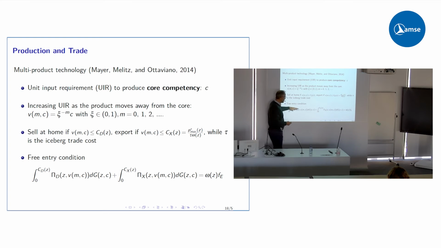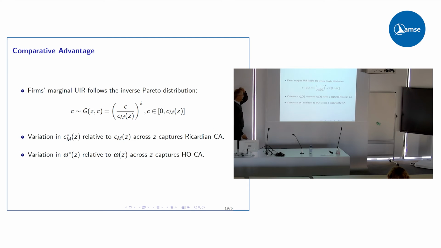And so given that you have one of these expressions for the domestic country and one for the foreign country, you can solve for the cutoffs, because you know that the foreign cutoffs are going to be related to the domestic ones. So, in order to do that, you need to make an assumption on the productivity distribution, or the unit input requirement distribution, which is the inverse of the TFP.